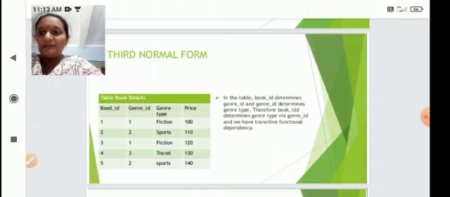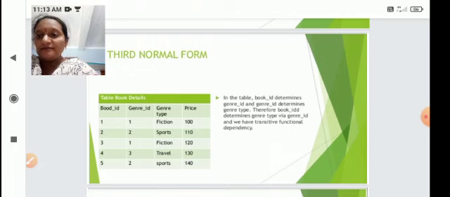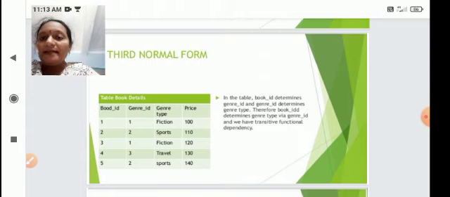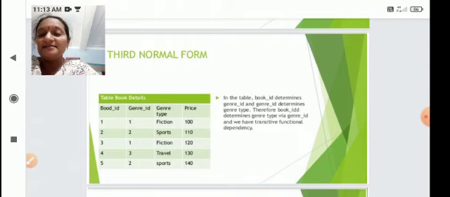When we check the third normal form, in the table we are taking some book details. We have four columns: book ID, genre ID, genre type, and price. In the table, book ID determines genre ID, and genre ID determines genre type.